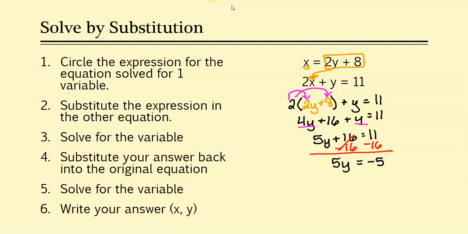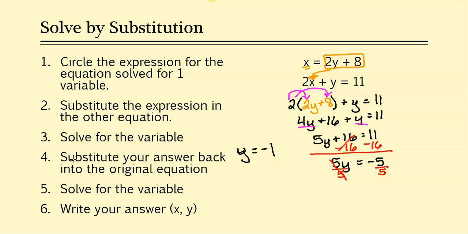The 5 on the y is a coefficient, so to undo a coefficient, I divide by 5 on both sides of the equal sign. That's going to give me my y all by itself, which is what I need. And so now I know that y equals negative 1. 5 divided by 5 is 1, but I have a negative sign, so negative 1 becomes my solution for y.